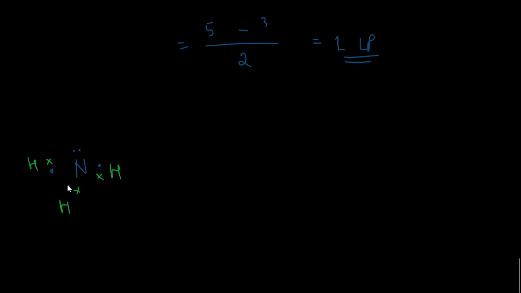This is how it looks. This is the lone pair, this is 1 bond pair, this is another bond pair, and this is another bond pair. So in total, I have 4 electron pairs, right?